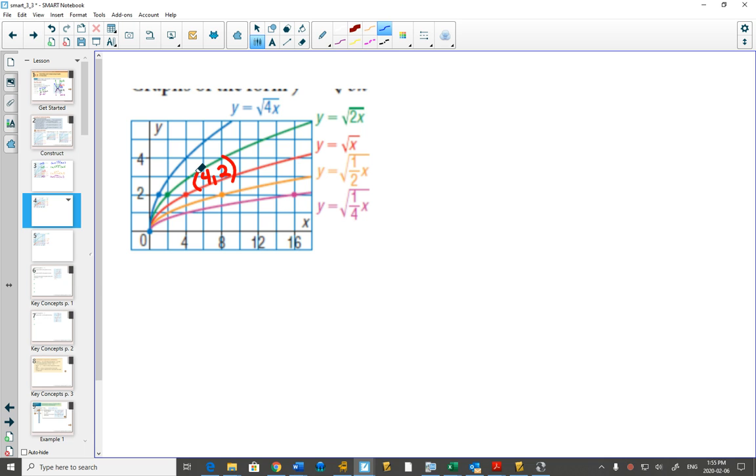In fact, if I start with, on the blue graph, 4 comma 2, something's going to happen, and the point that they've labeled is 1 comma 2. So we obviously haven't multiplied by 4. Some of you probably say, oh, we divided by 4. Yes. But we're not going to use dividing.